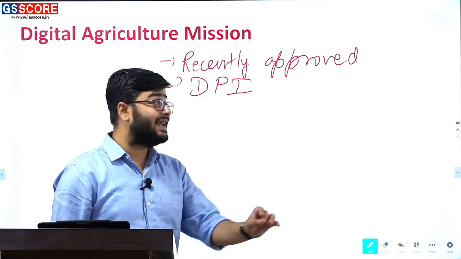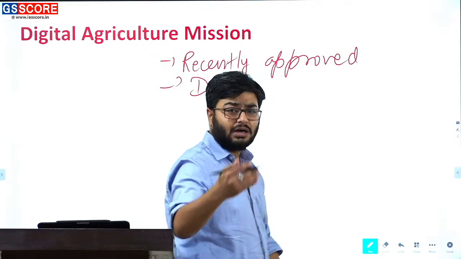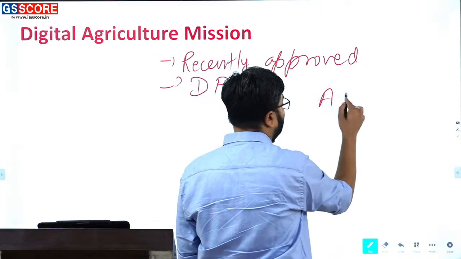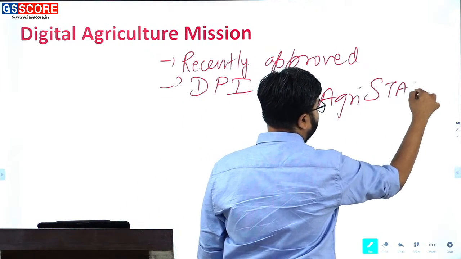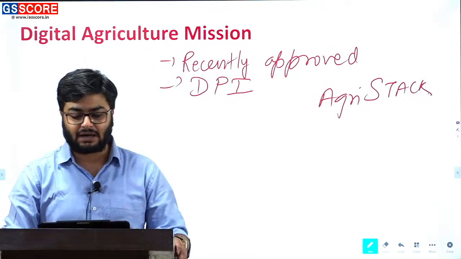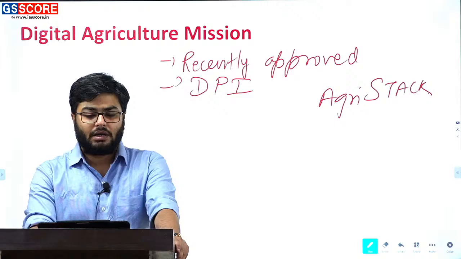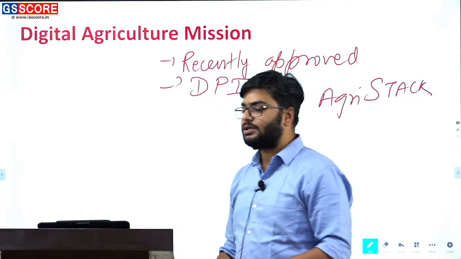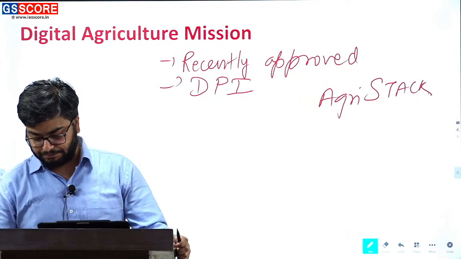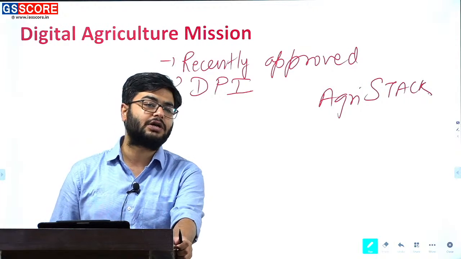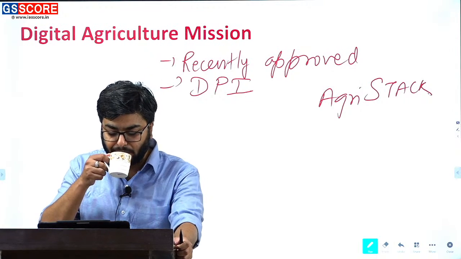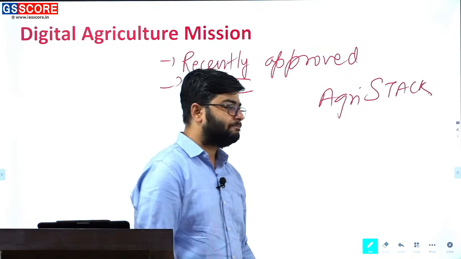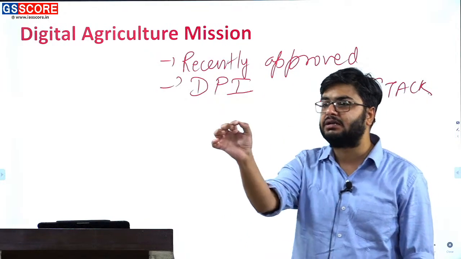Okay, it is linked with the idea of other digital initiatives in the agriculture sector, that is AgriStack. So the objective of this particular scheme is to build a farmer focused digital ecosystem and to enable data driven decision making.